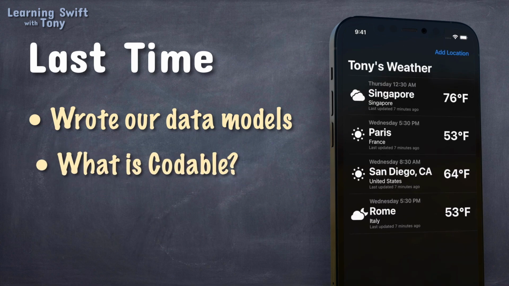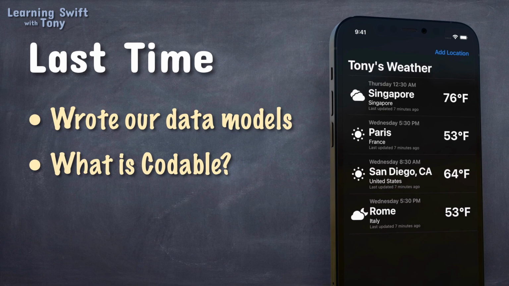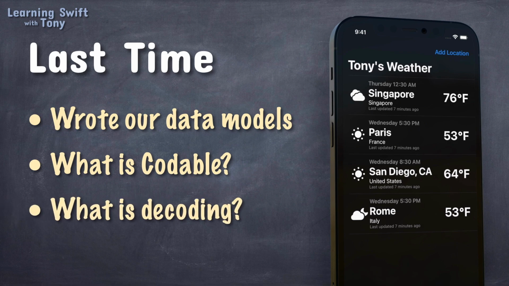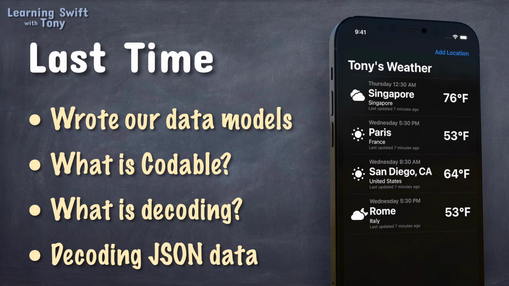We then learned what Codable means and how to make our own custom structures conform to the Codable protocol. We continued by learning about the decoding process, a process that takes data in the JSON format and converts it to a custom data structure. And we finished by creating our own decoding function, a function that takes the name of a resource JSON file and spits out an API response data structure if every one of the three steps involved went well, that is.